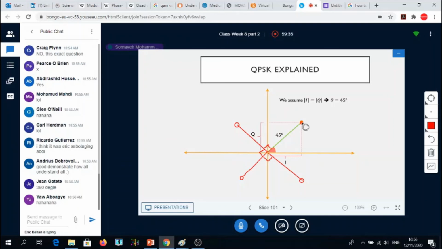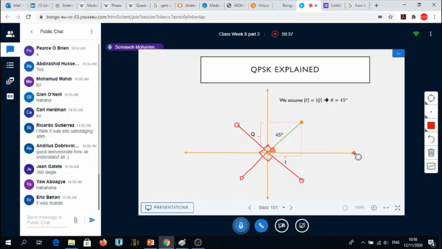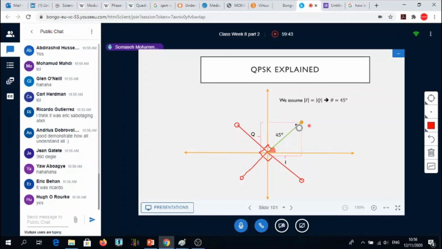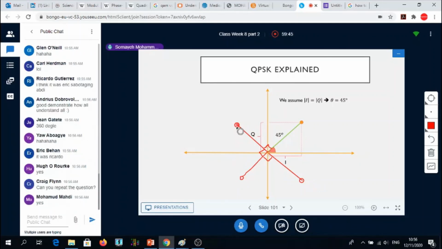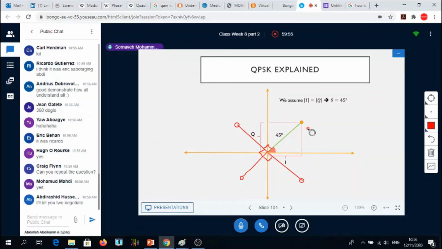Is it clear what I'm explaining here? Yeah? All right. So this would be the representation of I and Q for a very simple modulation. And in this scheme, we are changing only angles by adding or subtracting a 90-degree angle. We discuss further in next class.